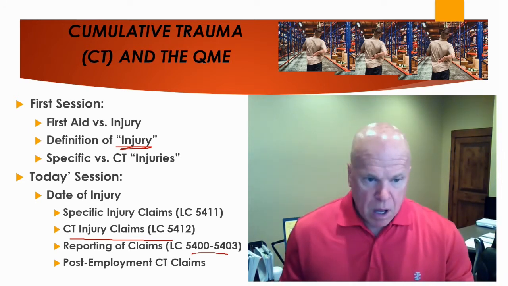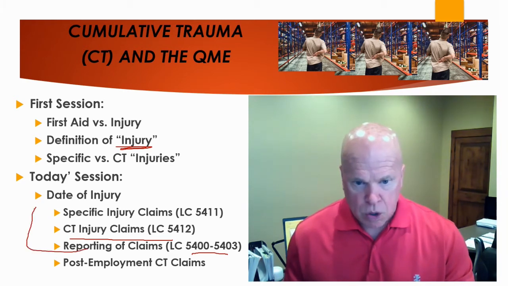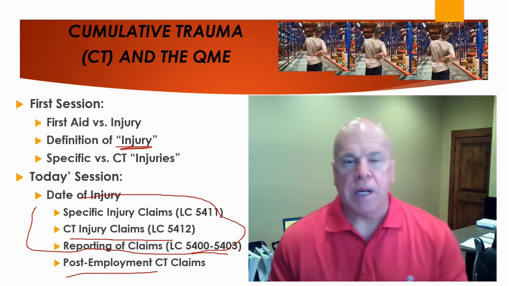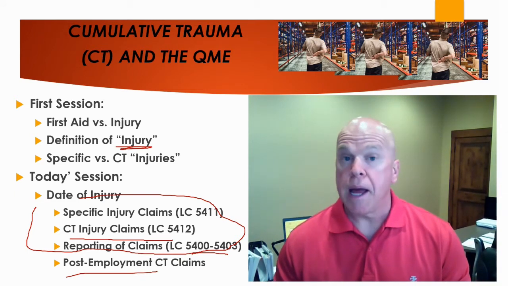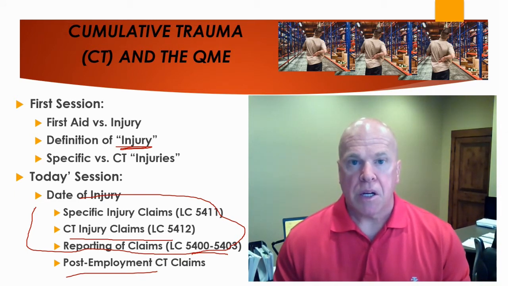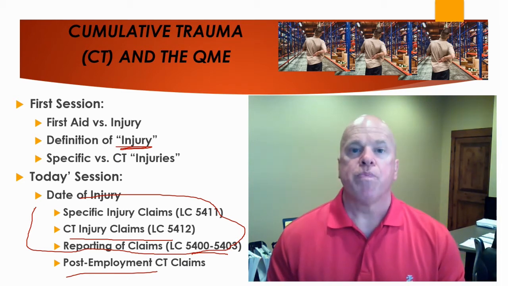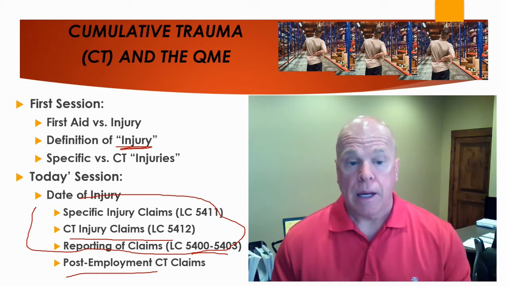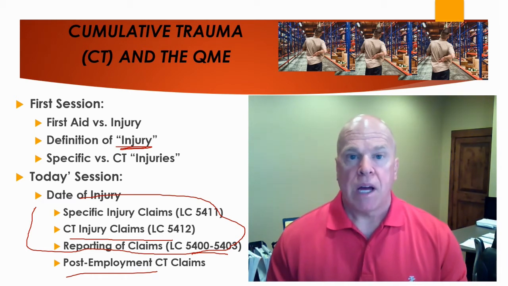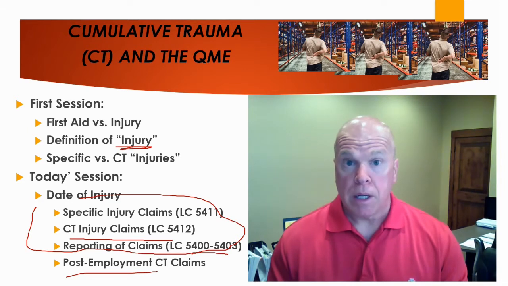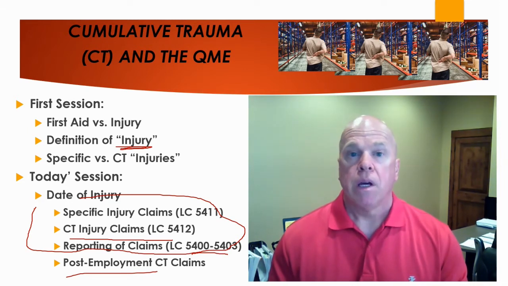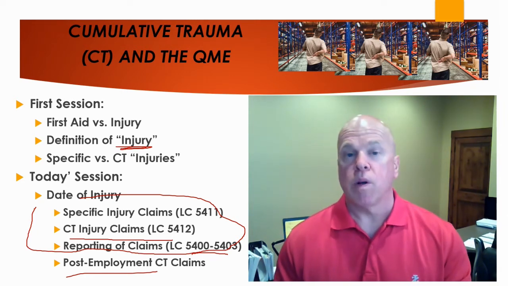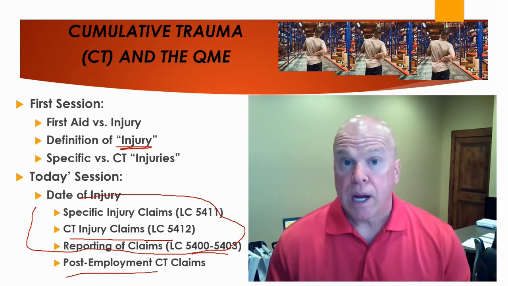And then all of these topics are going to lead into our introduction today of the post-employment cumulative trauma injury claims. And as we're going to see, because cumulative trauma claims many times involve a delay, a long delay in reporting of the injury, many times the injury is not actually reported until long after the employee has separated his or her relationship from the employer.